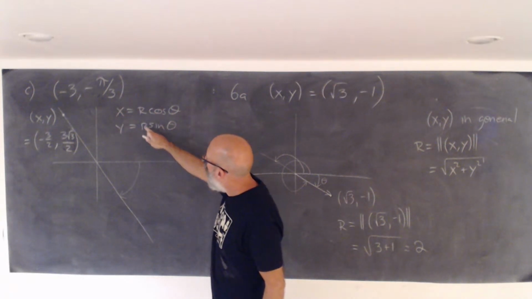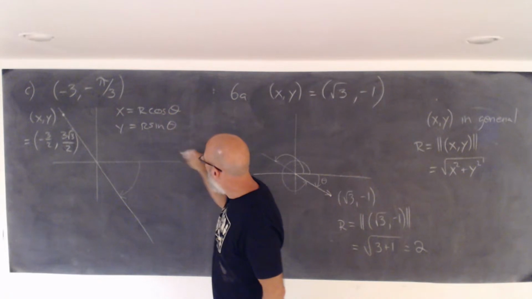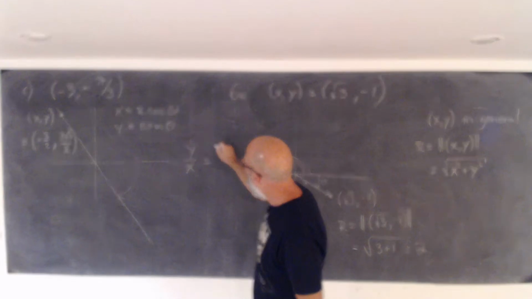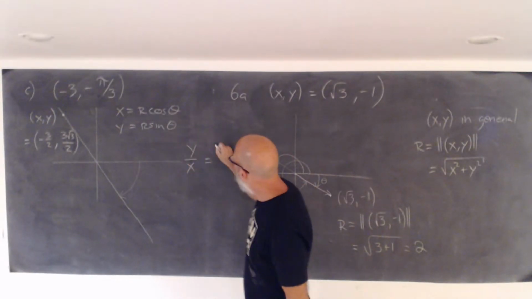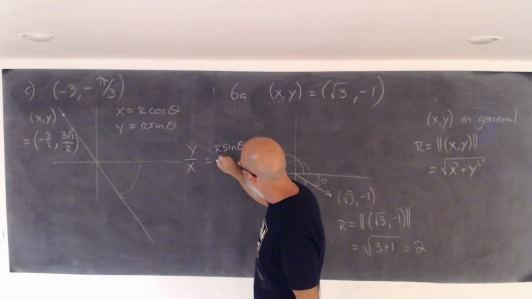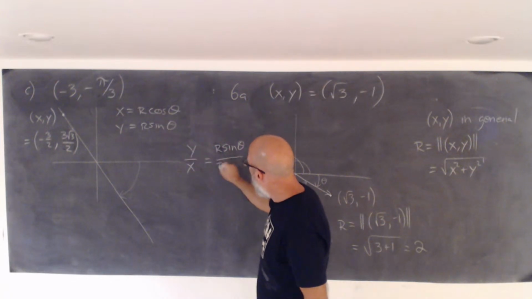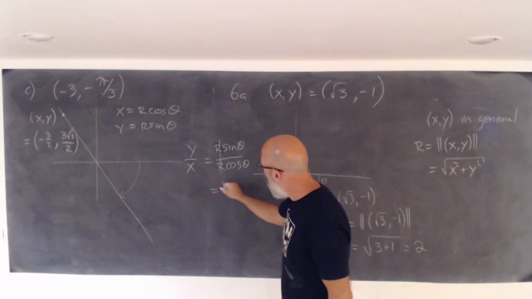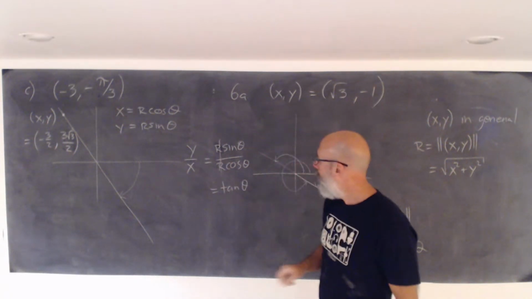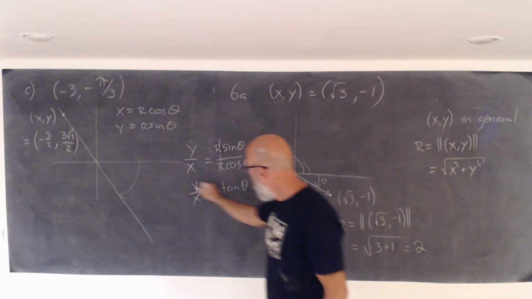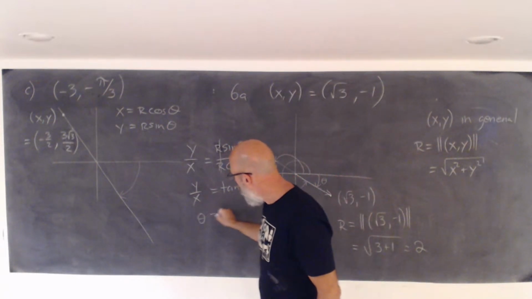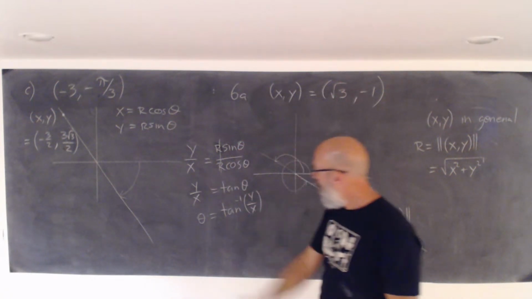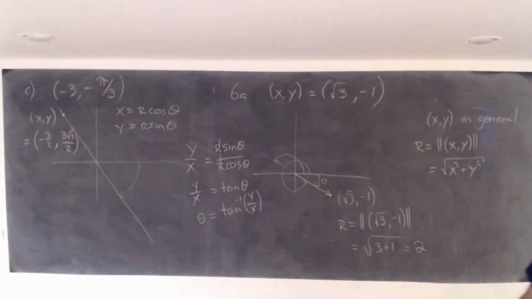And now look at your polar coordinates here. Observe that if you divide, y is r sine, x is r cos, the r's cancel out nicely, and this is just tangent of theta. So y over x is tangent of theta, and consequently theta is the arctan of y over x.